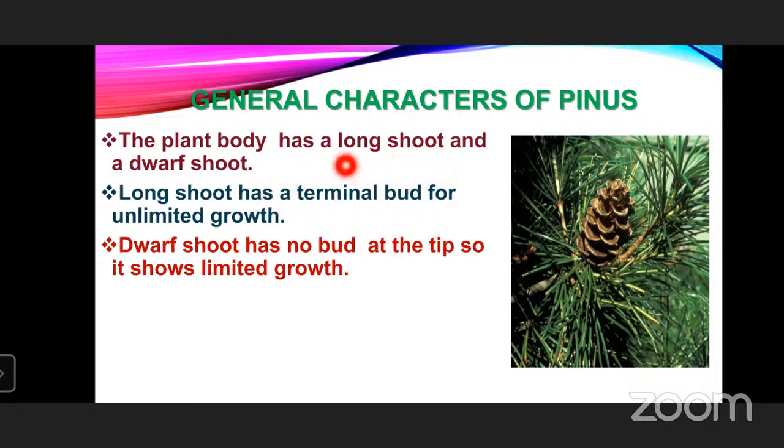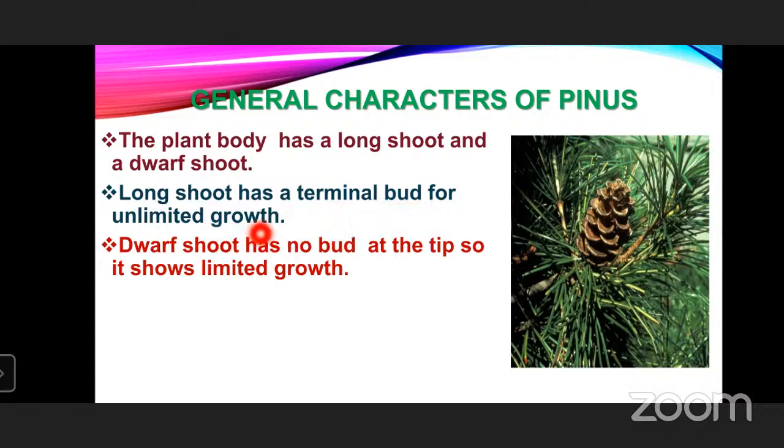That diploid sporophyte is differentiated into root, stem, as well as leaves. And this plant body has a long shoot and a dwarf shoot. And the long shoot has a terminal bud for unlimited growth.